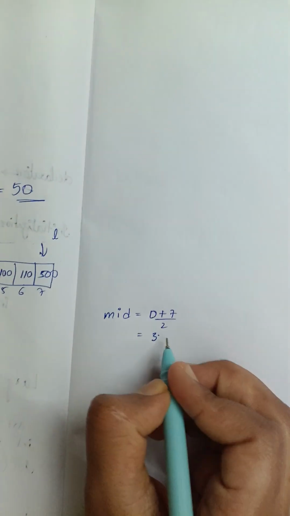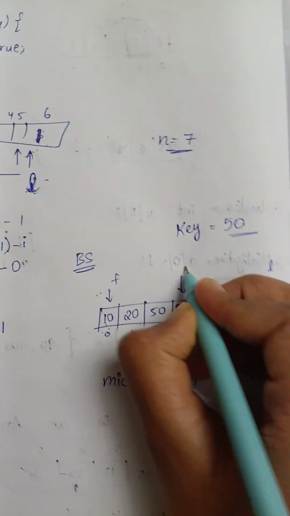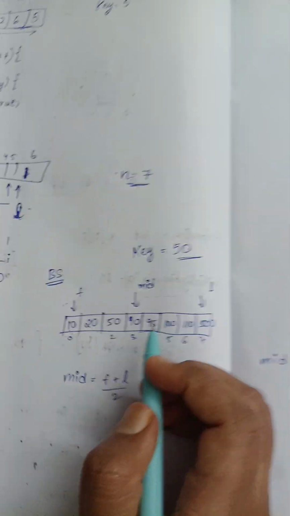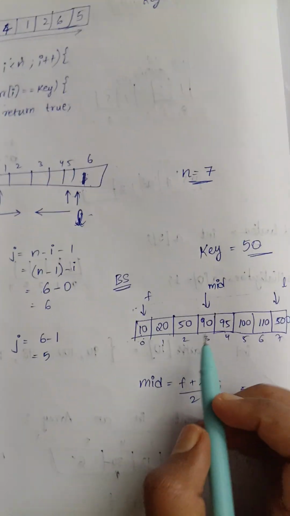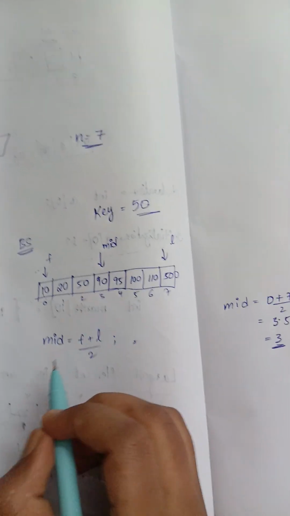I mean, it will be 3.5, but we'll take the integer value 3. So mid comes here.